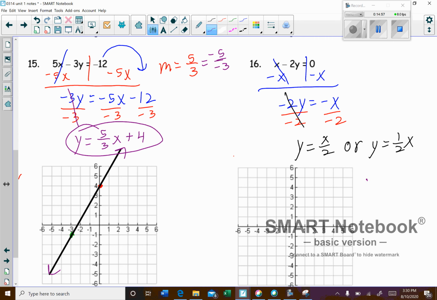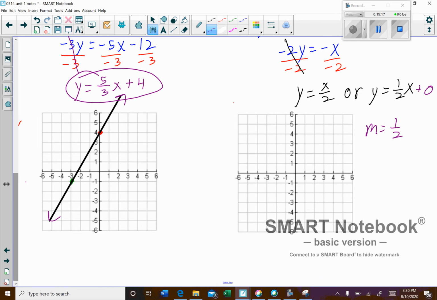Okay, so our slope is 1/2. Now you might be thinking, okay, well, what's the y-intercept? Well, basically, you have a +0 back here, which is extra information. That's why we don't include it. But if you let x equal 0, y is going to equal 0, right? So right here is where we start at the origin, and then we'll go ahead and apply our slope, up 1 over 2.